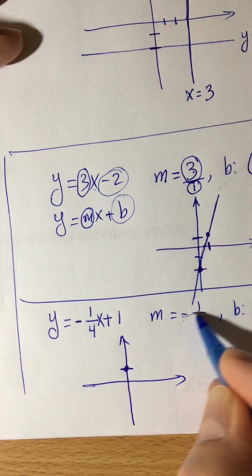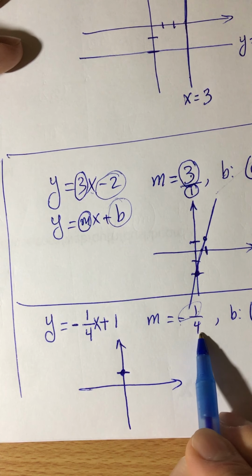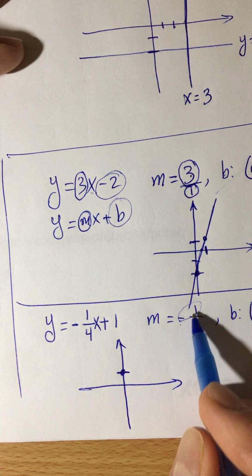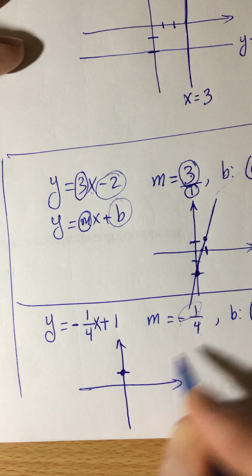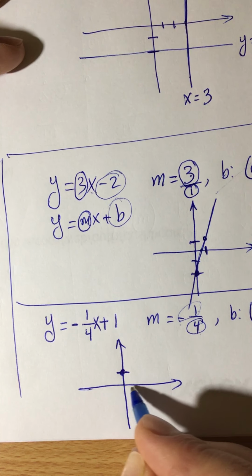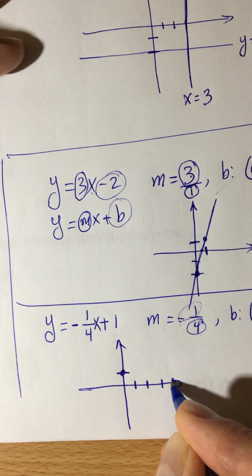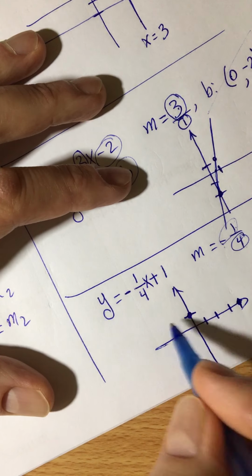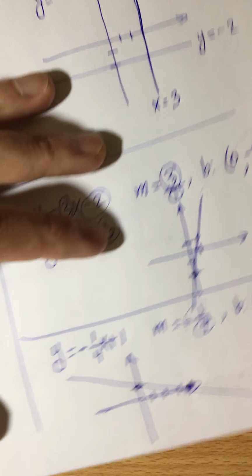What's your rise? Negative 1. Okay, so you can take the rise to be negative, or you can take the run to be negative, not both of them when you have a negative slope. So we usually take the rise. So negative 1. So from the y-intercept, you go down 1 unit because it's negative. And then what's your run? Positive 4. So you go to the right. So 1, 2, 3, 4. Voila. There is your second point. And we know the line is falling because the slope is negative. I cannot draw. So there you go.